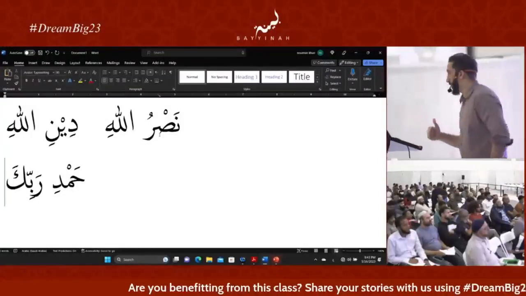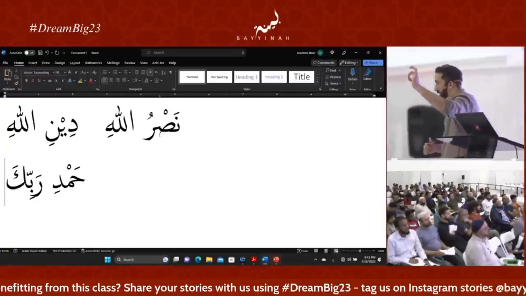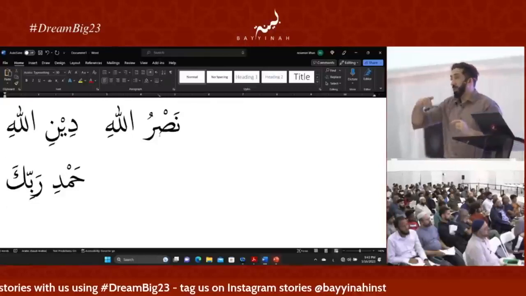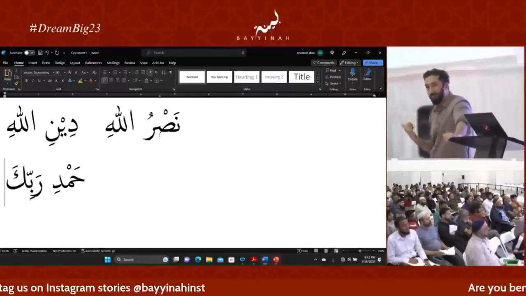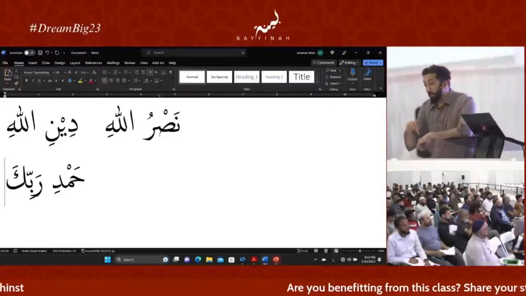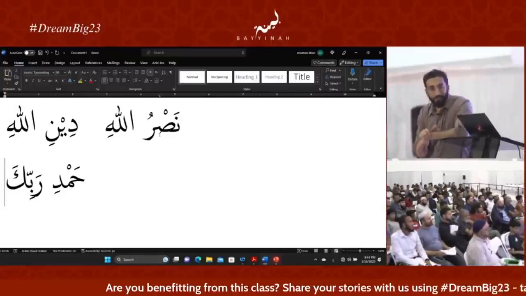Now this is the tricky one. Hamdi. Does it look like a mudaf? Hamdi. Why? Light no al. Rabbi. Does it look like a mudaf ilayh? Rabbi. Why? Because it is jar. But does Rabbi also look like a mudaf? Why?